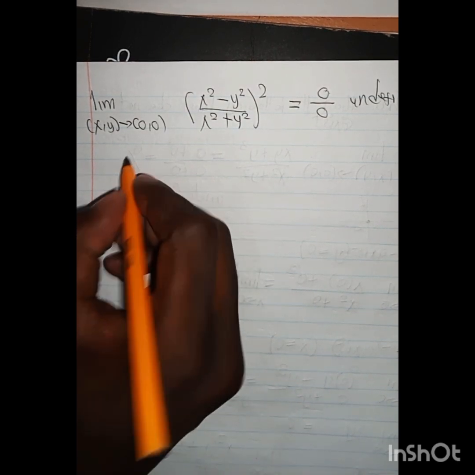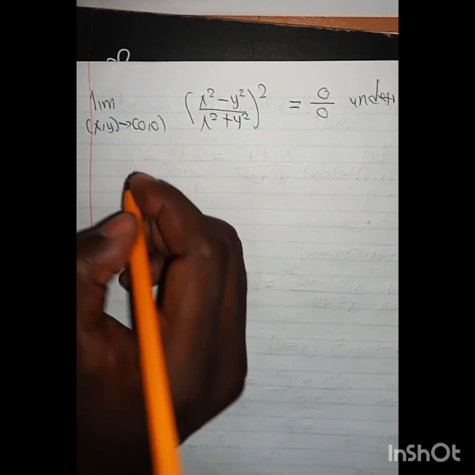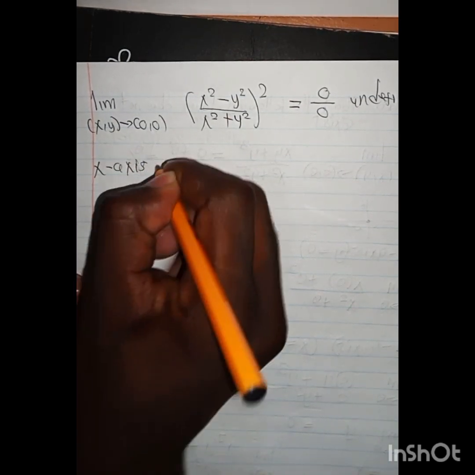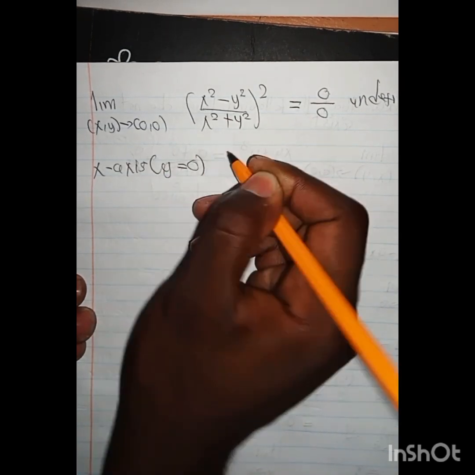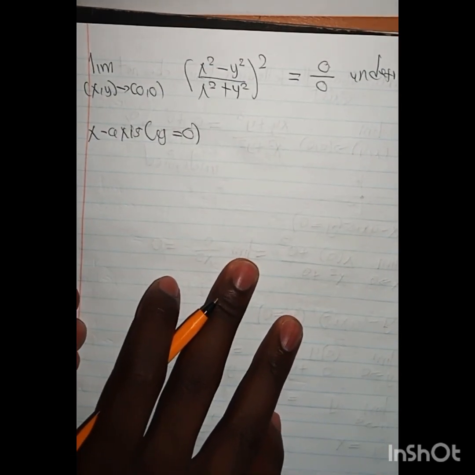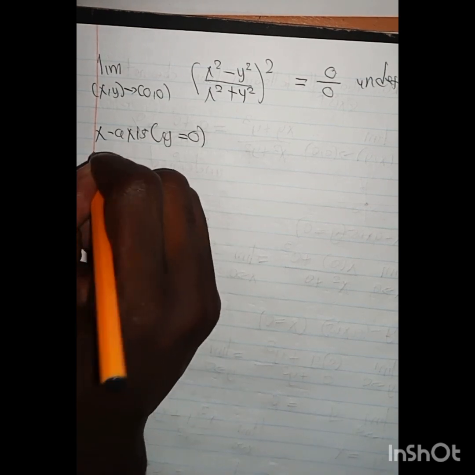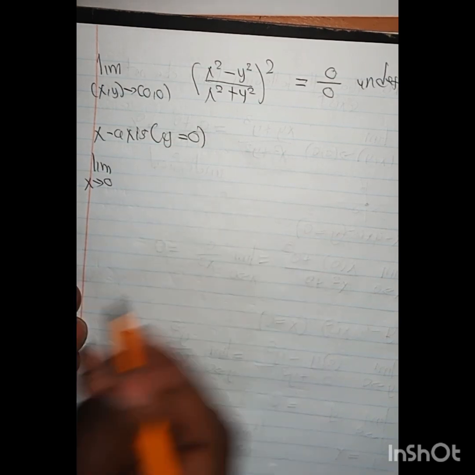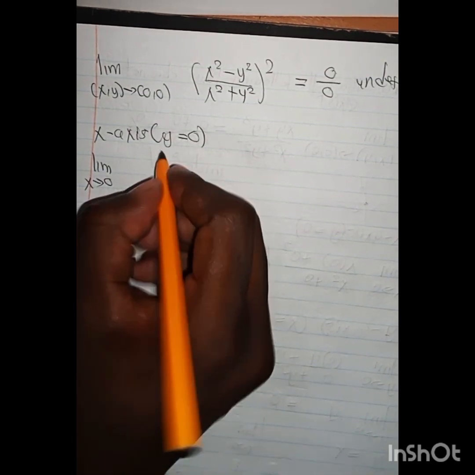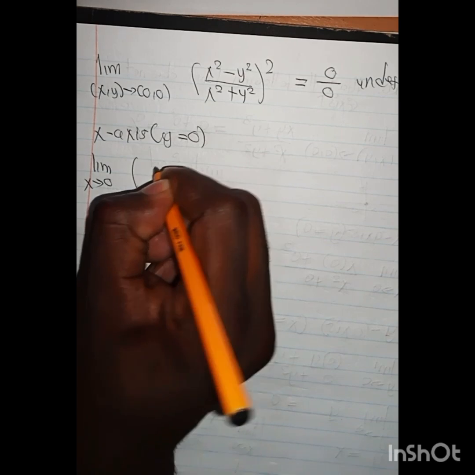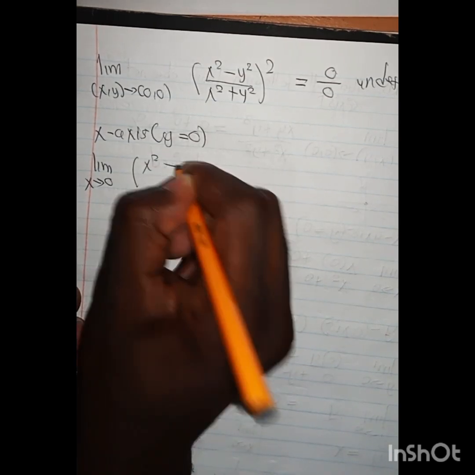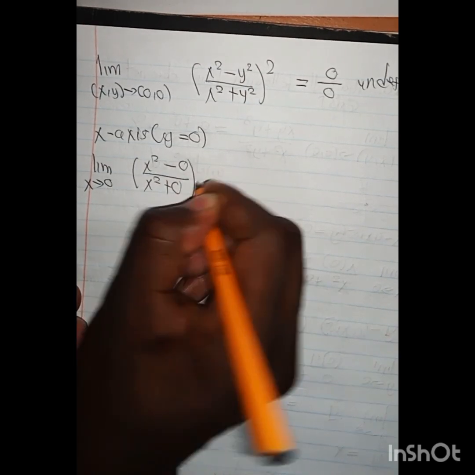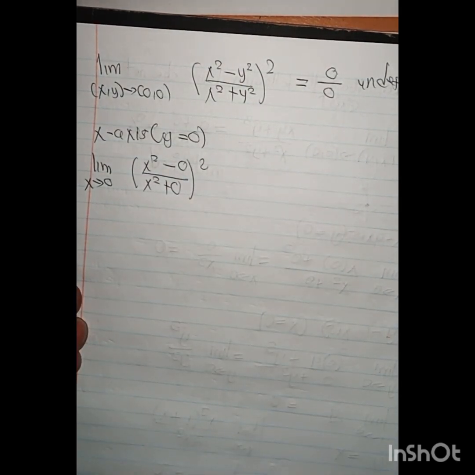So we're going to approach the origin from the x-axis. On the x-axis, we make y to be 0. Then our limit, x approaches 0 because 0 is the origin. We will have x squared minus 0 over x squared plus 0, everything raised to the power 2.